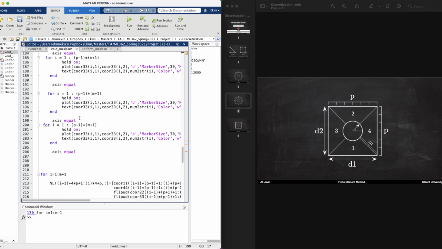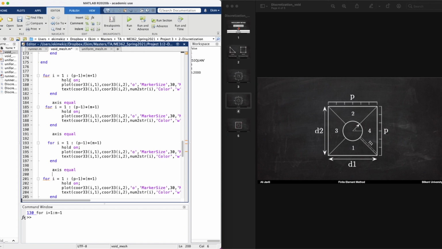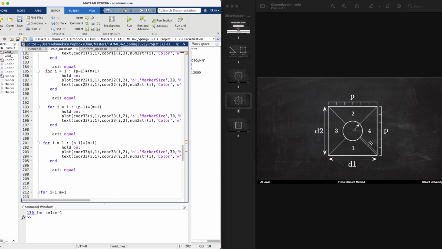We need 4 of them, and this is core 1 1. This is core 2 2. This is 3 3, and this is now 4 4.